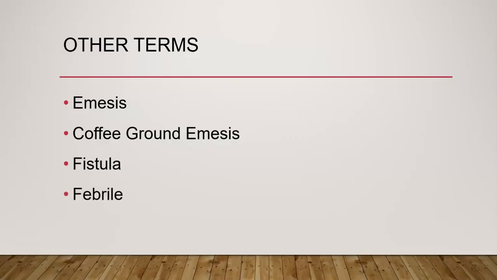Febrile is a word that we use to talk about someone who has a fever. If someone is febrile, that means they have a temperature above their normal body temperature. Remember, in general terminology, we use a to mean without. So someone who is afebrile does not have a fever.